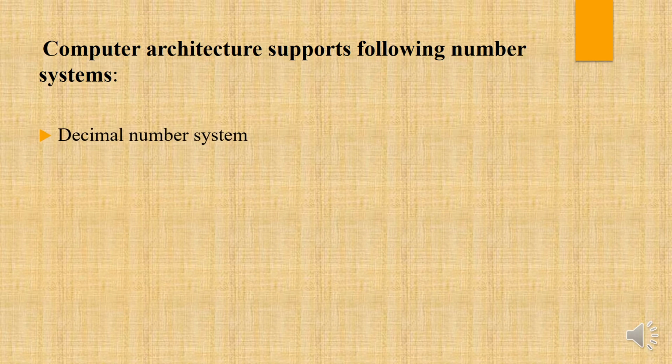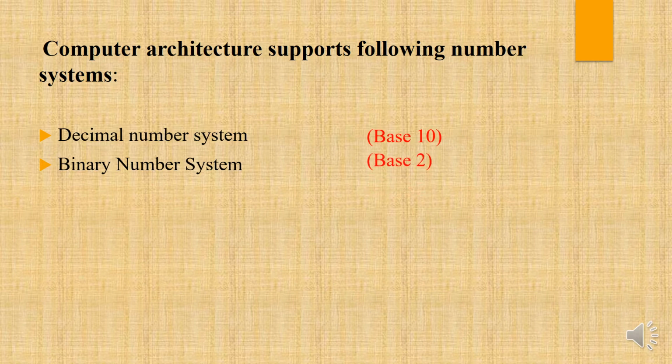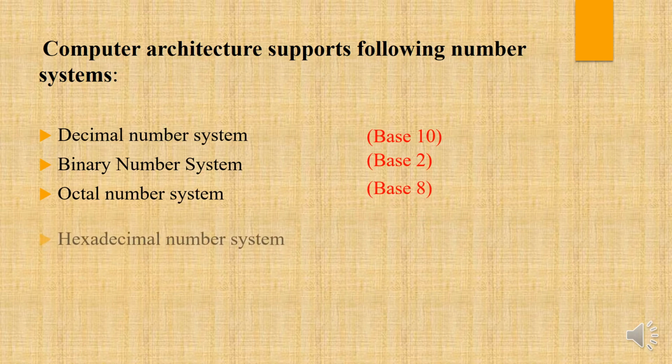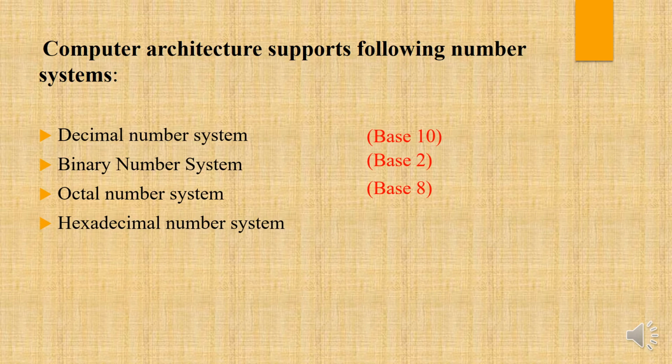First one is the decimal number system, which can be called the base 10 number system. Then the second one is the binary number system, which can be called the base 2 number system. Then the third one is the octal number system, which can be called the base 8 number system. Then the hexadecimal number system, which can be called the base 16.